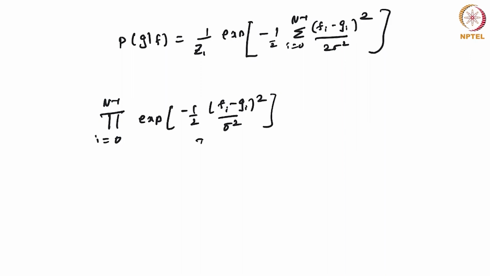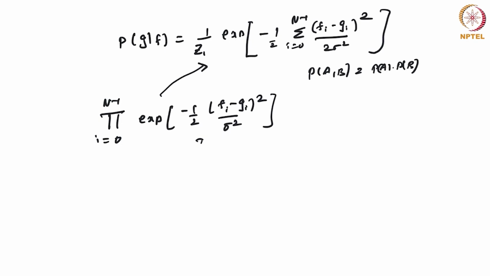There are n pixels, so for observing the entire image, you multiply the probabilities, assuming all the pixels are independent. If you know this rule, P of A and B together is P of A times P of B if A and B are independent events. Similarly, we can write this for the entire image, and once again the product adds up in the exponent, so you can add up. So from here, you can get this expression.